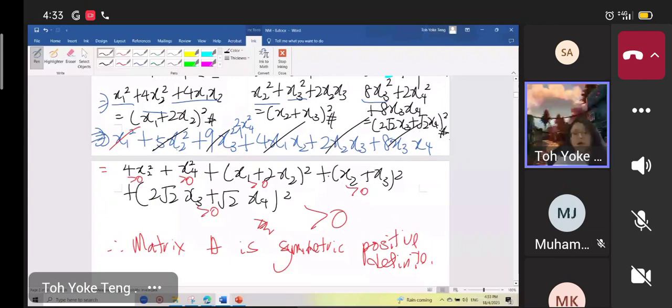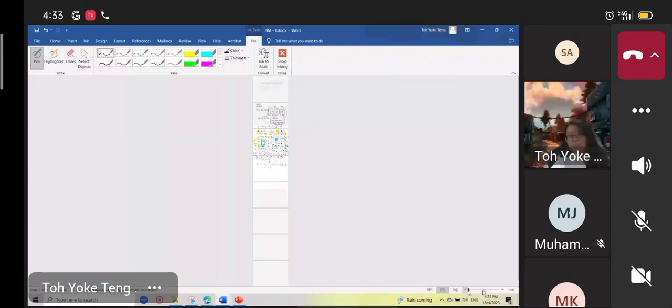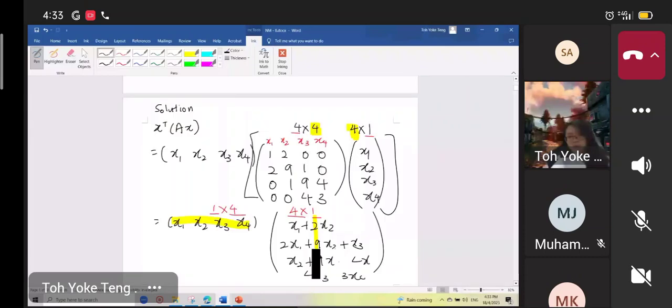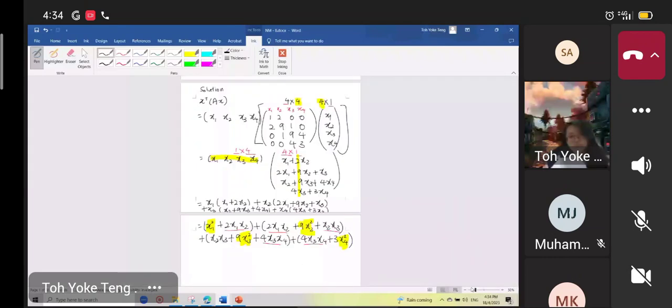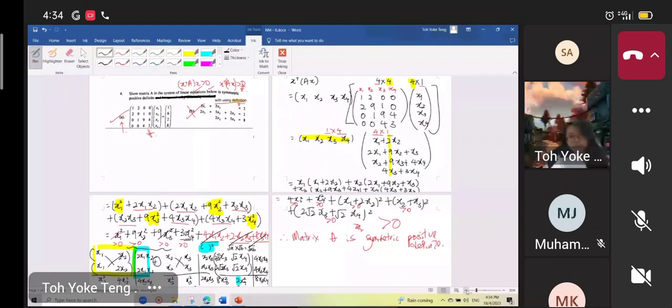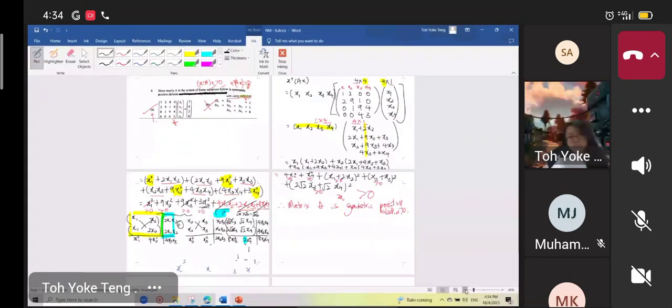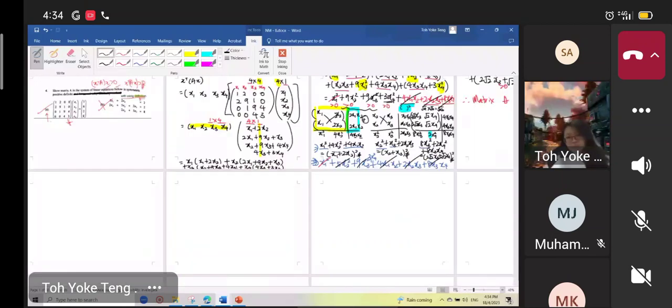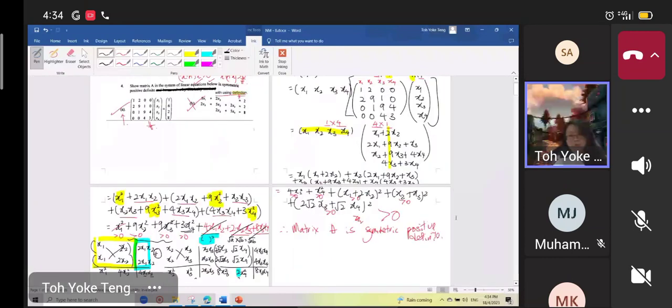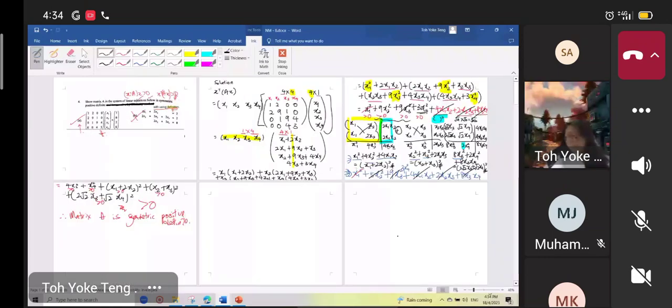I'm not sure whether you want to take a photo or not. If you want to take a photo, maybe you can. Is it too small?